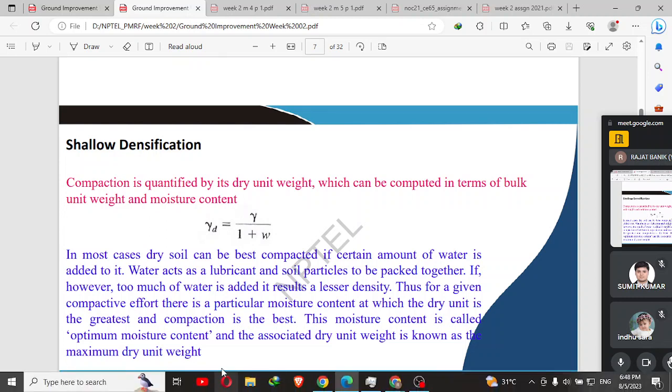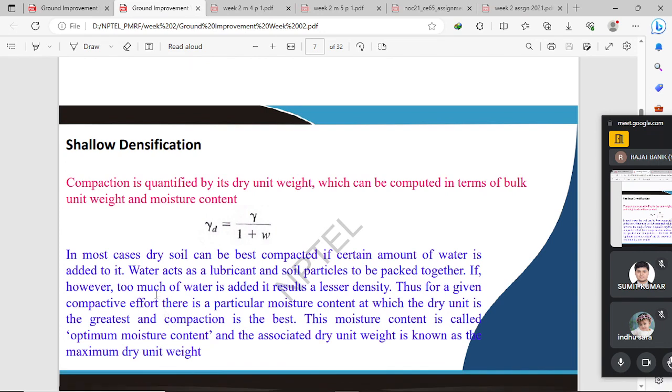Thus, for a given compactive effort, meaning the mechanical force which we apply in the field, there is a particular moisture content at which the dry unit weight is greatest and compaction is best. That means when we apply the water content which is best for that soil, we get the maximum dry density.